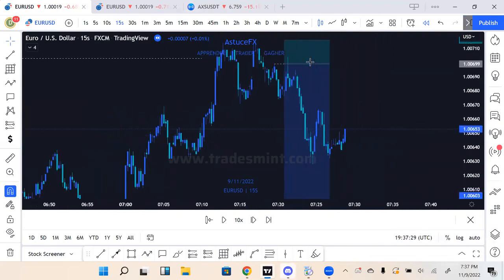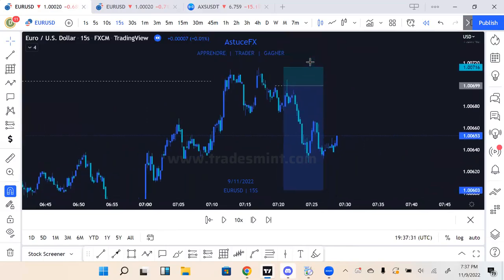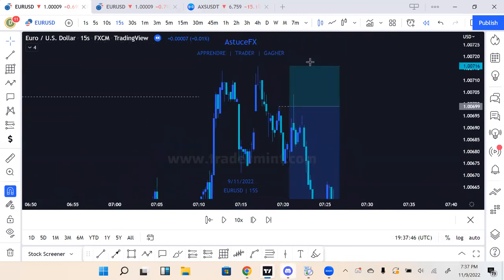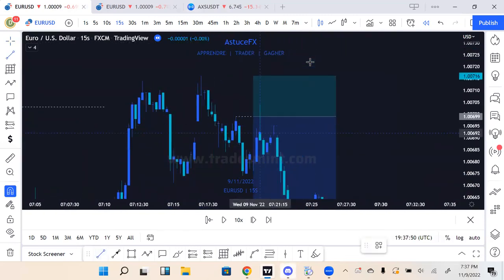How do I manage my trade on this? If I look at this, once price comes to this low, you see this low here, this low on the left? Once price comes to this low, I can now go break even. I don't really go break even. I put my stop loss above the candle that got me in. This one is our entry, okay?